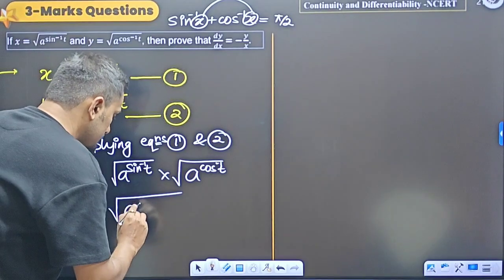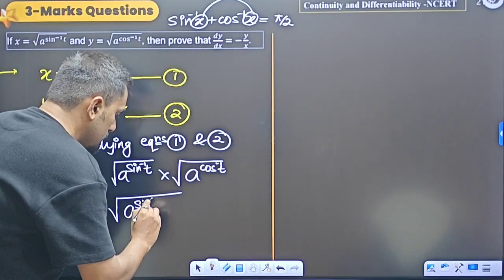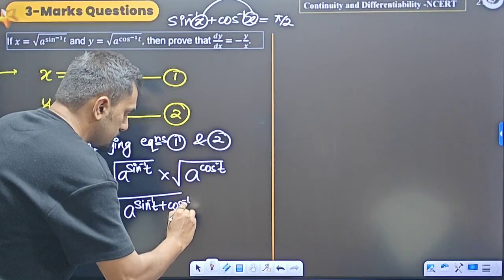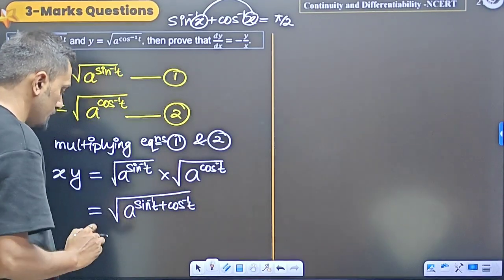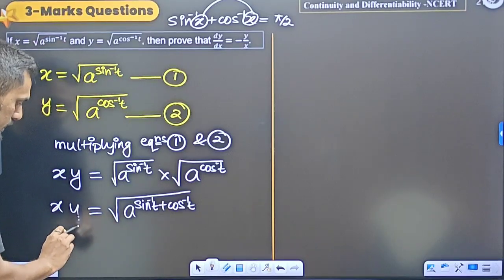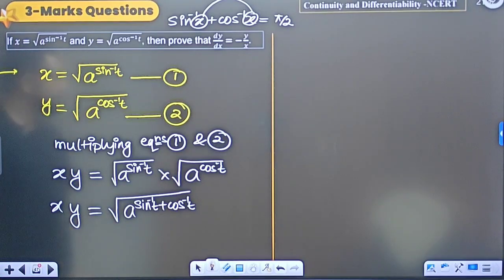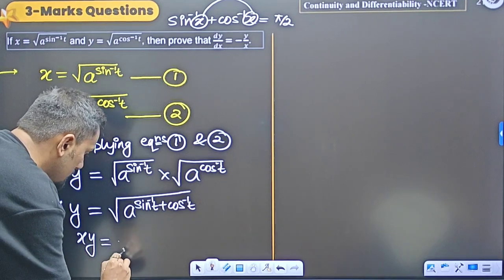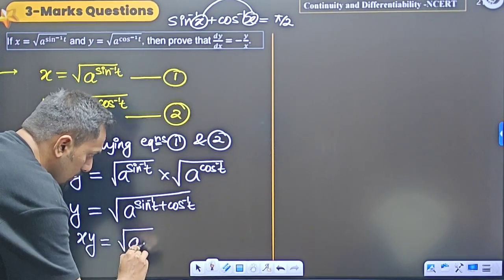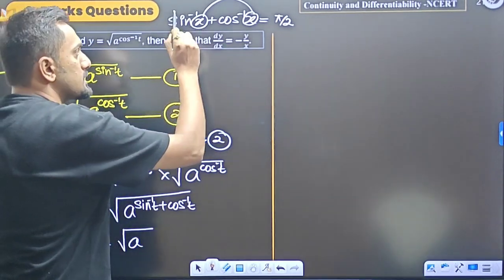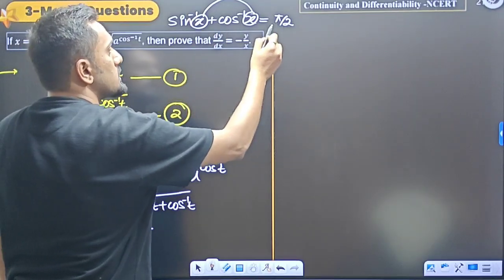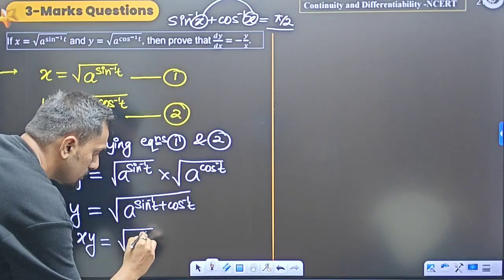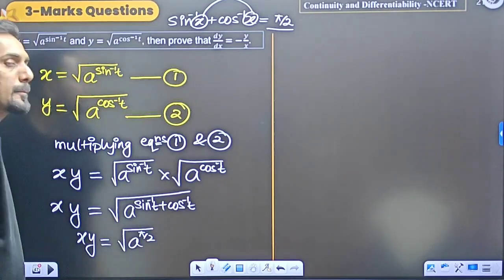That means this becomes a raised to sin inverse t plus cos inverse t, which is equal to x multiplied by y. So x into y becomes equal to under the root of a raised to the power, and from this we can say that sin inverse t plus cos inverse t is equal to pi by 2. So in its place pi by 2 comes.